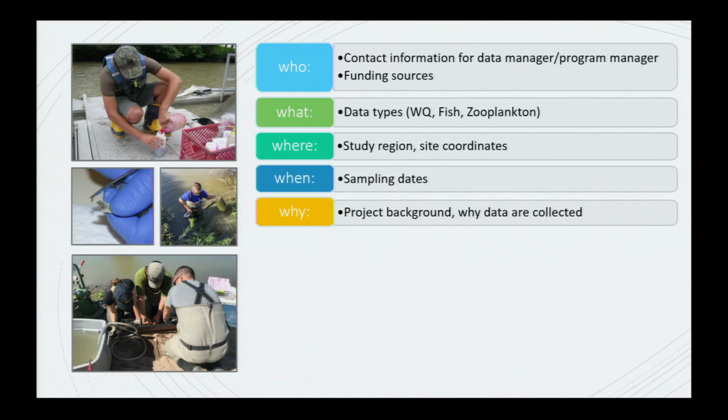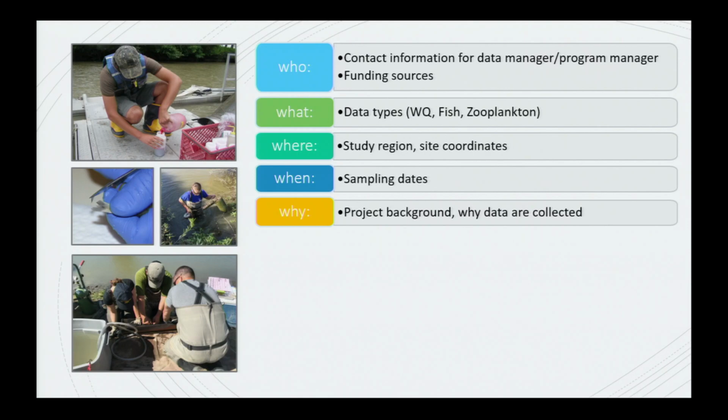You want to talk about the what, so what kinds of data are in your data set. Do you have water quality? Are you collecting fish, zooplankton, phytoplankton? Just talk a little bit about what people are expecting. Your where will be overall region, maybe the Delta or Yolo Bypass, as well as your specific lat-long coordinates.